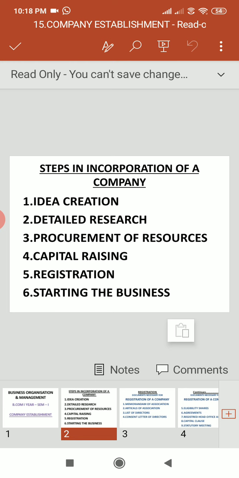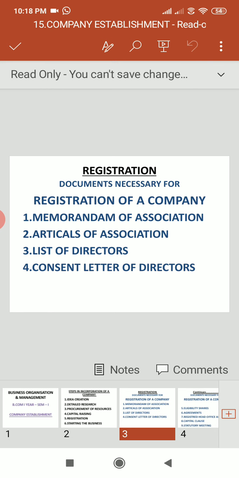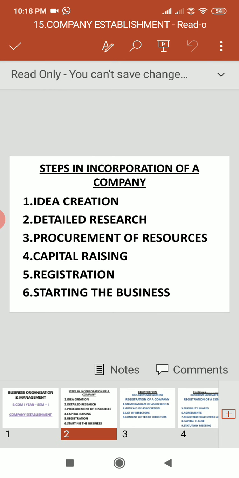Next, registration. For registration of a company, one has to produce all the necessary documents. In future lessons, we are going to learn about the documents to be produced at the time of registration. Memorandum of Association, Articles of Association, capital clause, liability clause, etc. are to be prepared and submitted along with the prescribed fee to the Registrar of Companies.